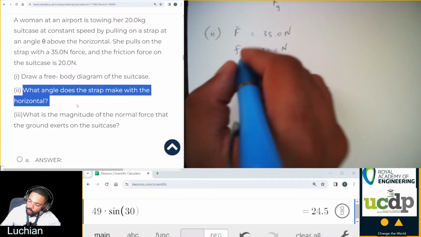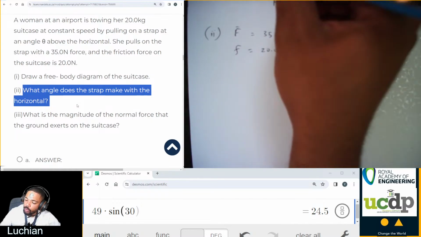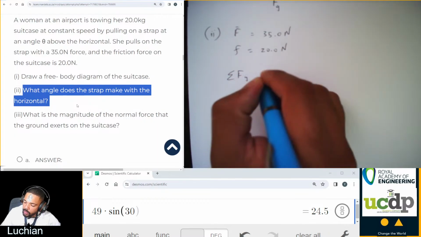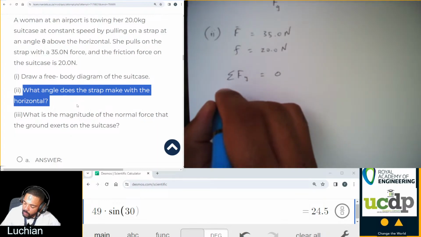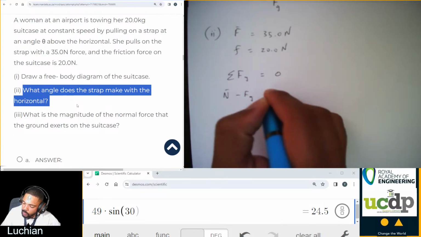So the sum of the forces in the y direction is equal to 0, because the normal force minus the force of gravity is equal to 0.